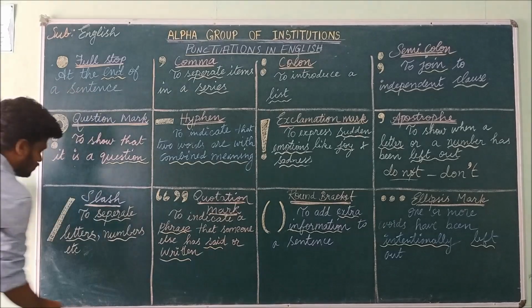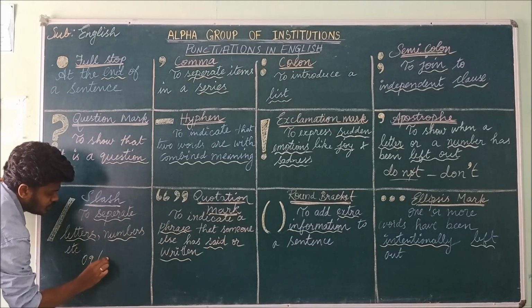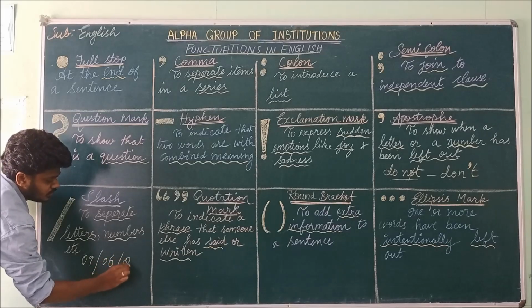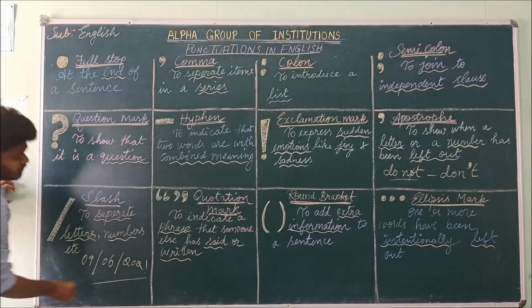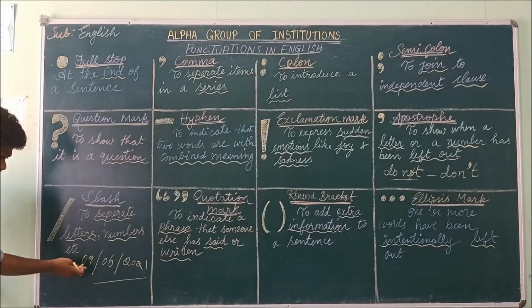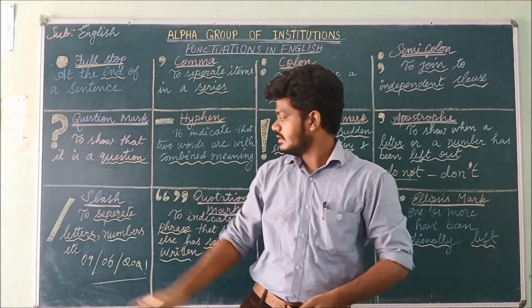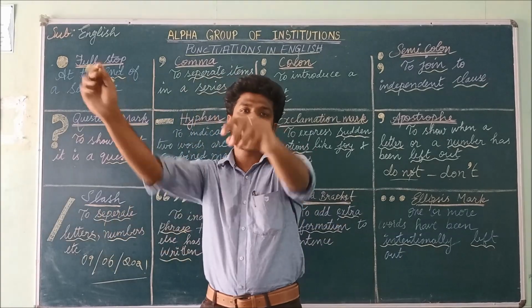For example, today's date, 09/06/2021. Like that we write. This slash separates the day, month and year. So slashes are used to separate letters or numbers.